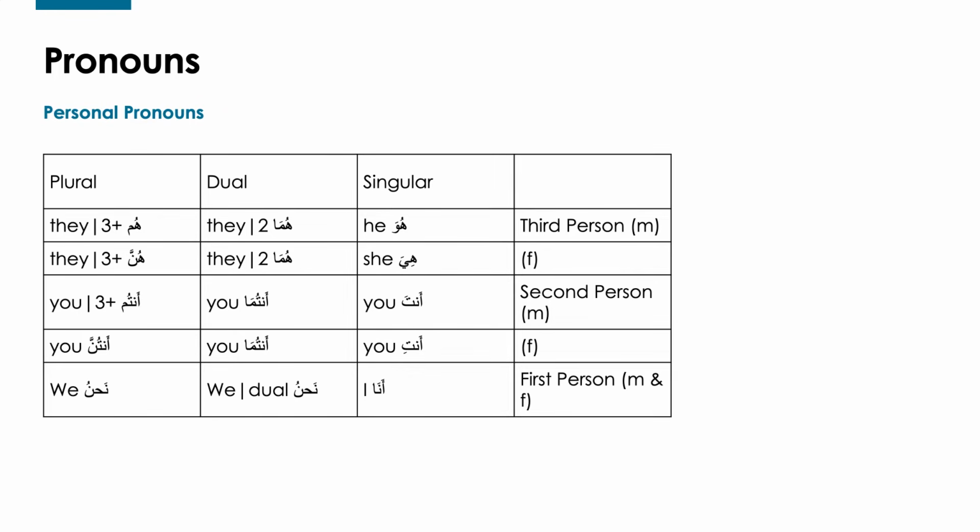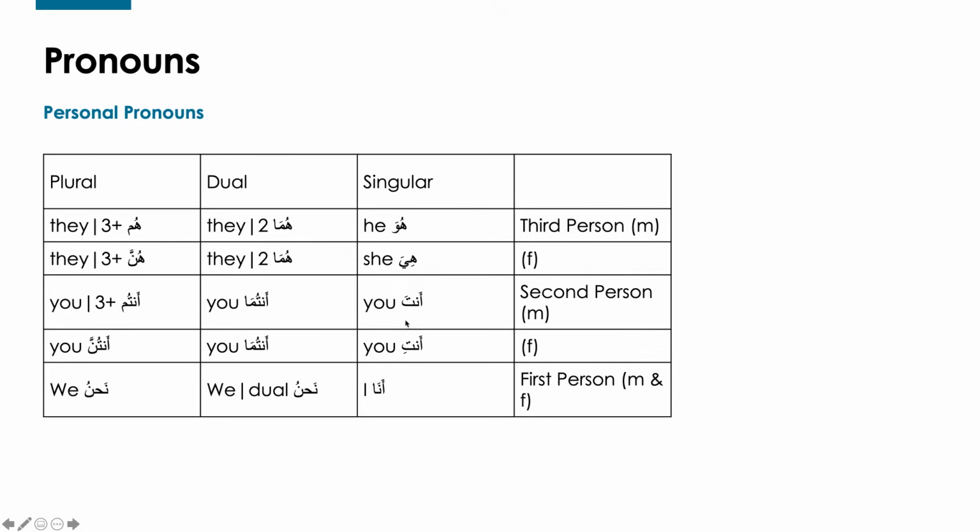So say if these people are feminine, if they are women, if it is one woman, we use hiya. If it is two women, we use huma, the same as the masculine form. If there are more than three women or three women, we use hunna.